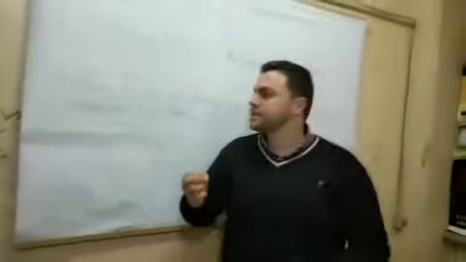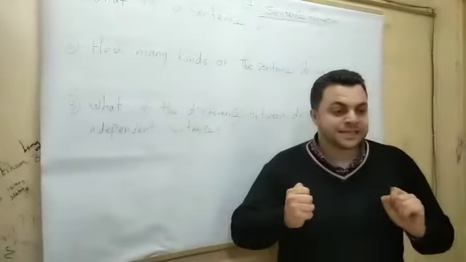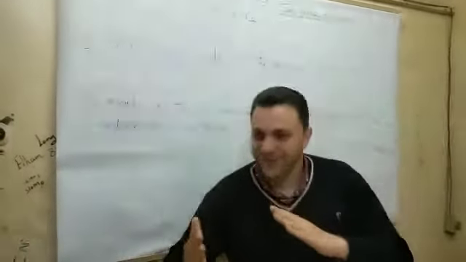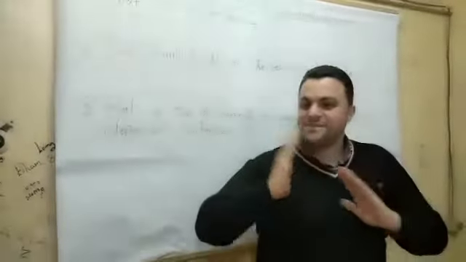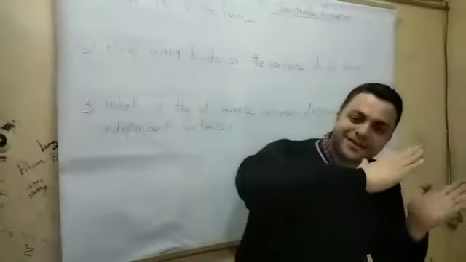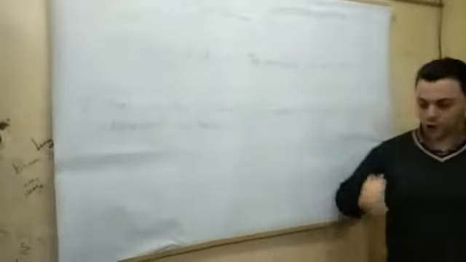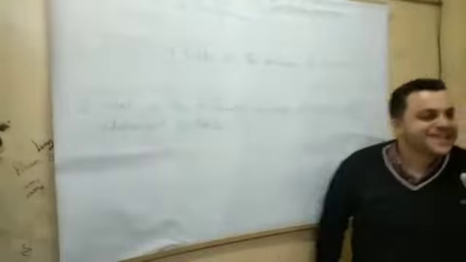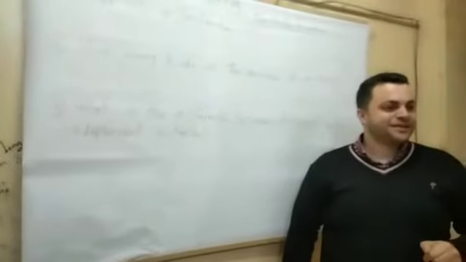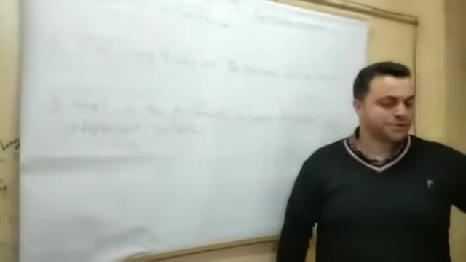So, what is the difference between dependent and independent sentences? A dependent sentence needs help. Independent is strong. It doesn't need help. It can exist alone.